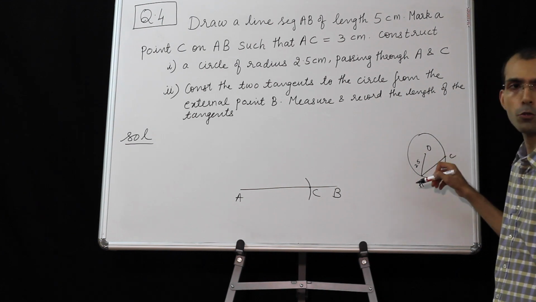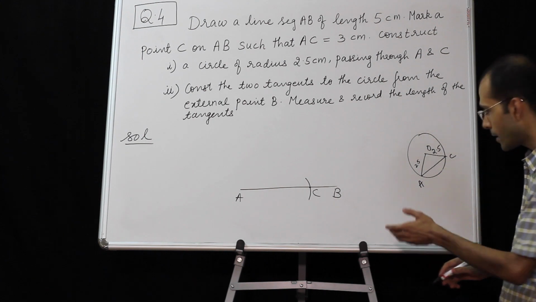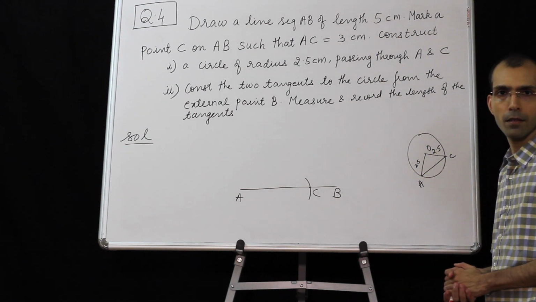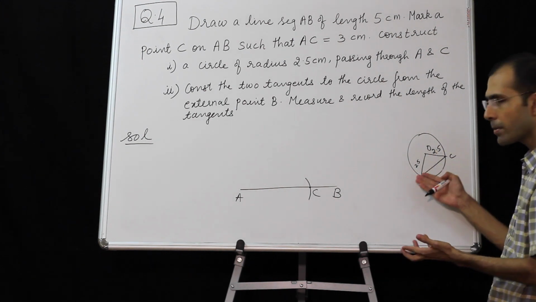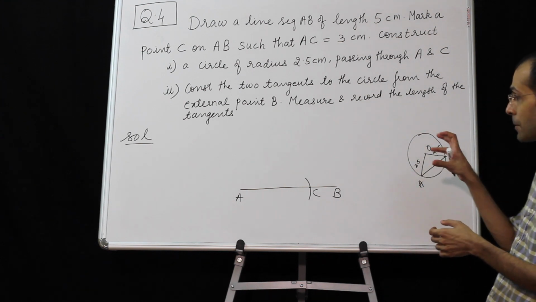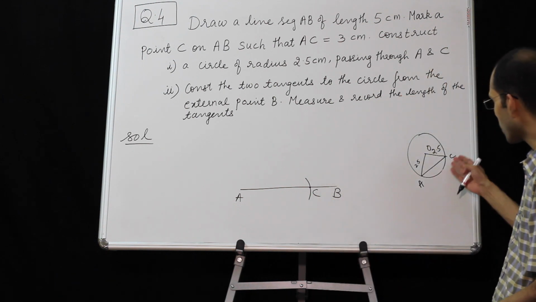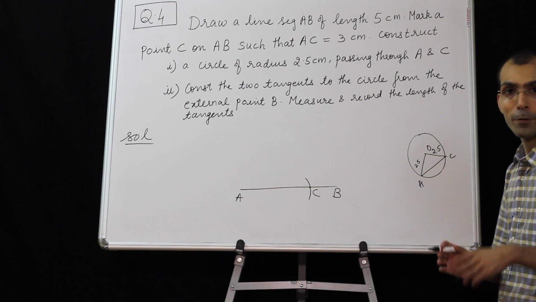OA is the radius, 2.5. So naturally OC also will be 2.5, radii of the same circle. Is AC the diameter? No. AC can also be a chord. Yes, the diameter is the longest chord, but we cannot assume in particular that AC has to be the diameter. It could be any ordinary chord. So take care of this.